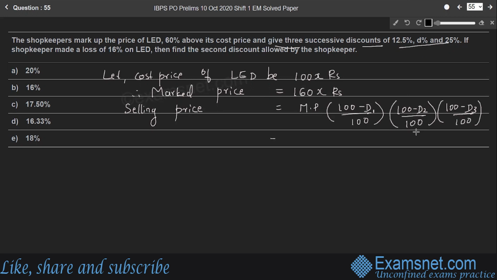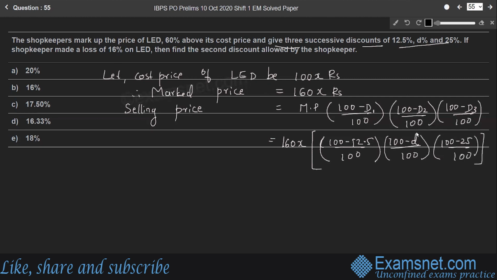Here the market price is 160x into (100 minus 12.5) by 100 into (100 minus the second discount D) by 100 into (100 minus 25) by 100.